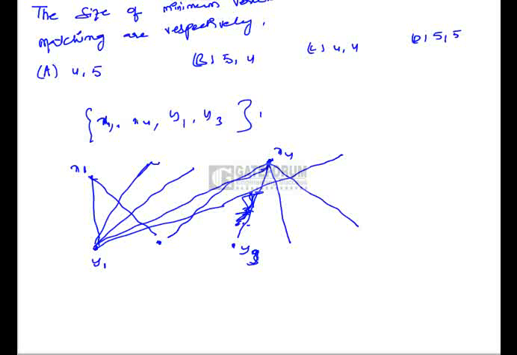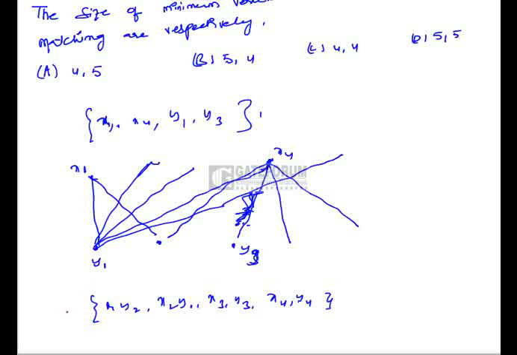Maximal matching is the maximum possible number of edges taken, such that the degree of each vertex of the graph should be at most 1. So here if we take the edges x1, y2, x2, y1, x3, y3 and x4, y4, then the degree of each and every vertex of the given graph is at most 1.